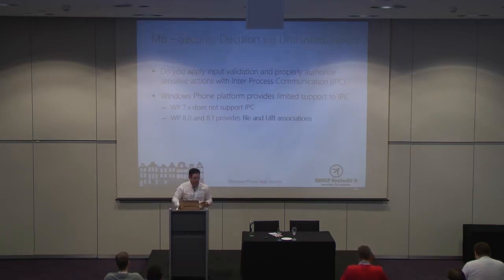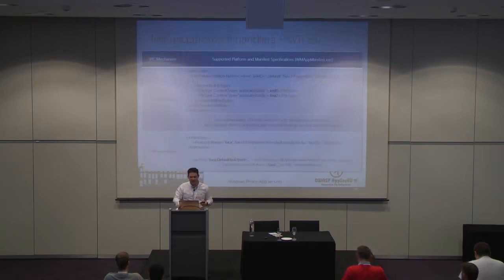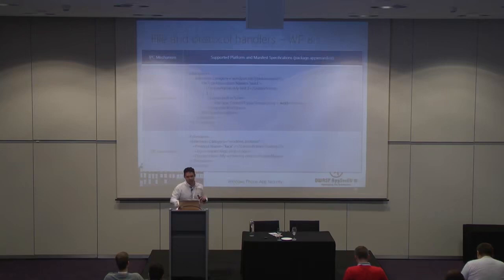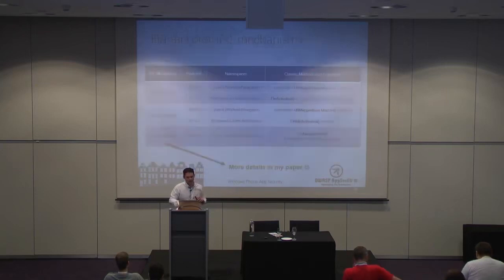So very simple. And basically, the idea is that if you can provide to the application some input, in the form of a file or a parameter provided with the URI, you may attack this application. So it's just the way we can specify the associations. It's not cool, but let's move to the hunting part.